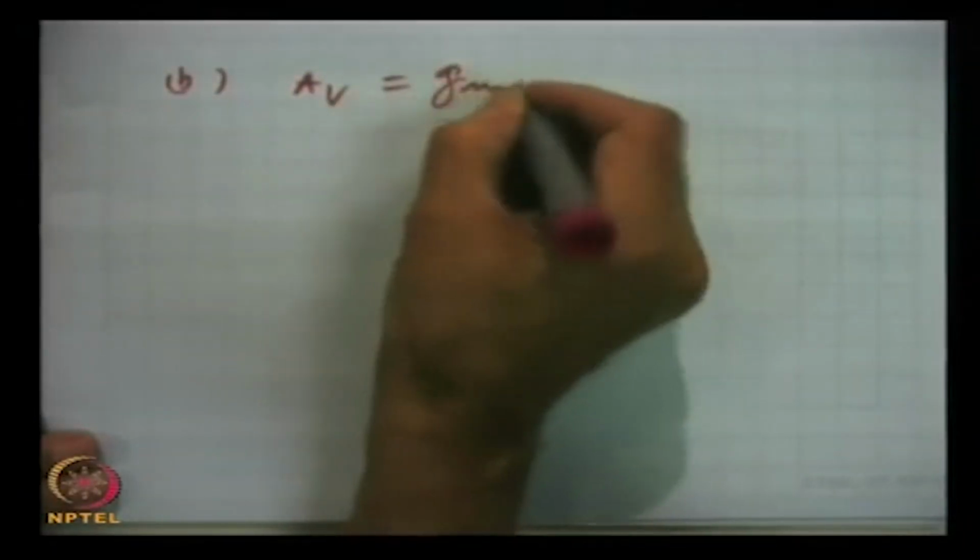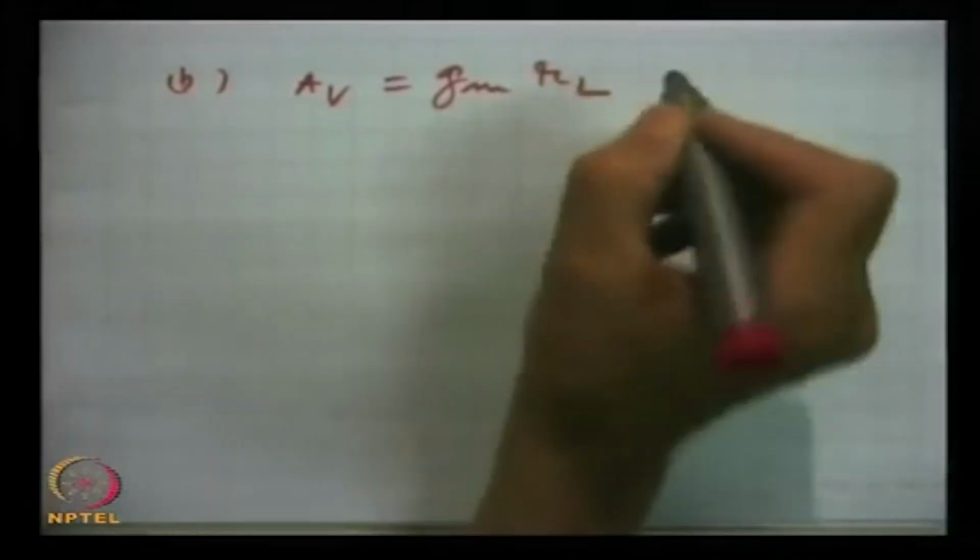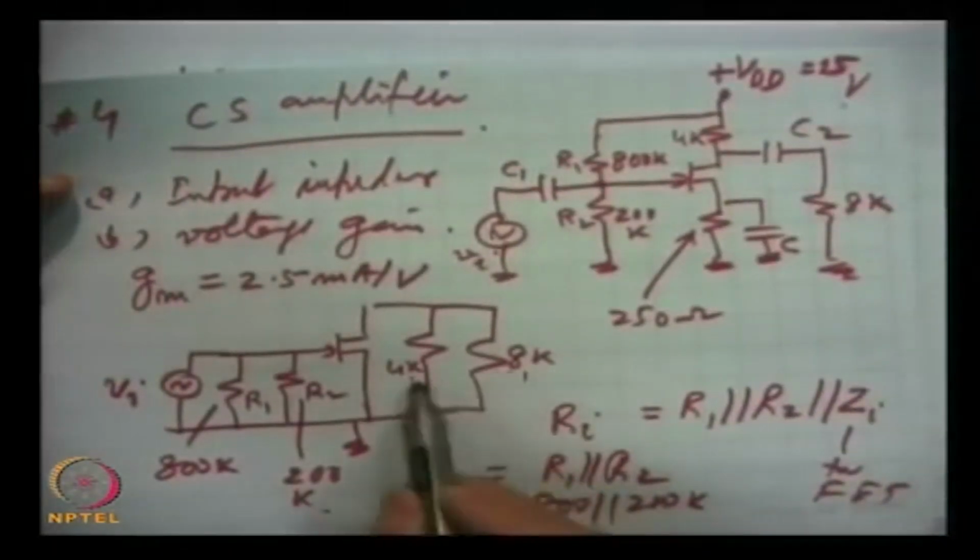So, part B, the gain AV, it is simply GM into RL, effective load. Effective load is the parallel combination of these two.